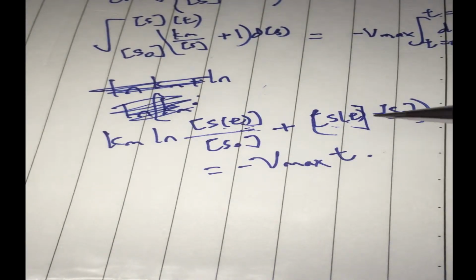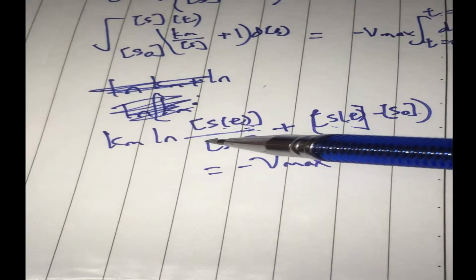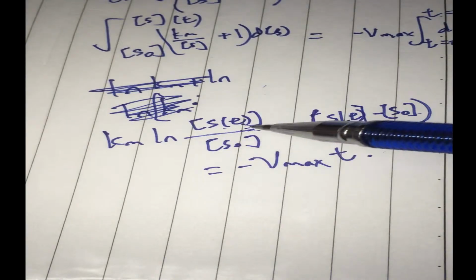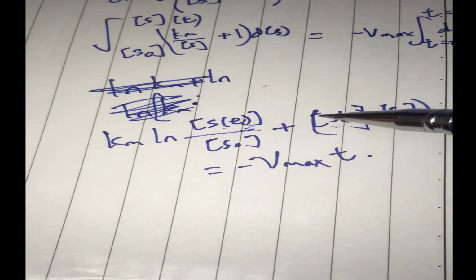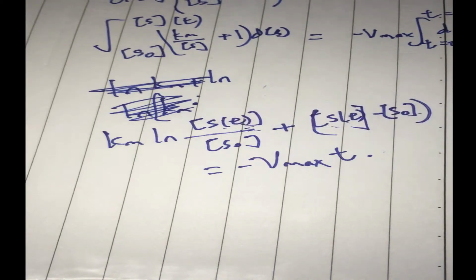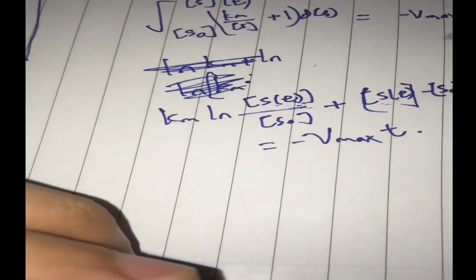So let's divide everything by t so that we can have two variable terms based on experimental data. Okay, so let's divide everything by t.